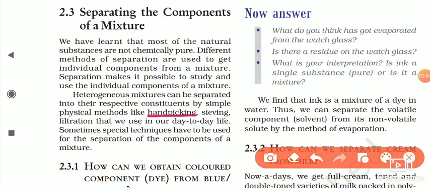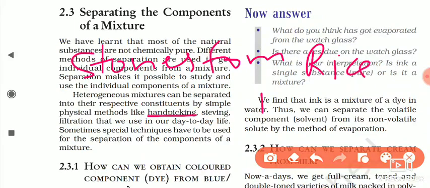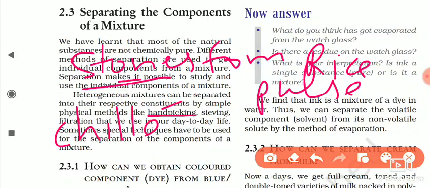Hand picking we use to separate stones from rice or pulses. Okay, by using the hand picking method, we can separate stones from rice or pulses, or for separating a mixture of chilies and lady finger, we can use the method of hand picking.